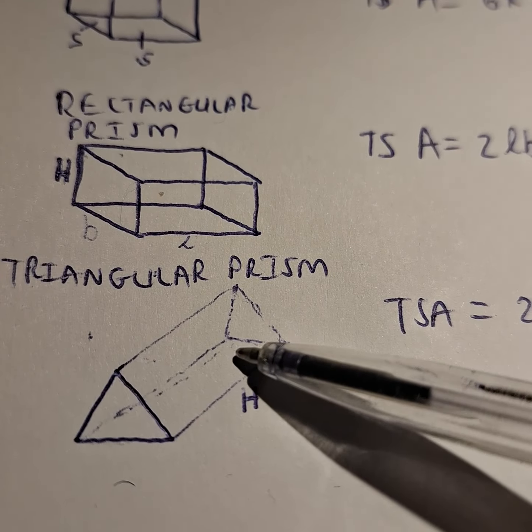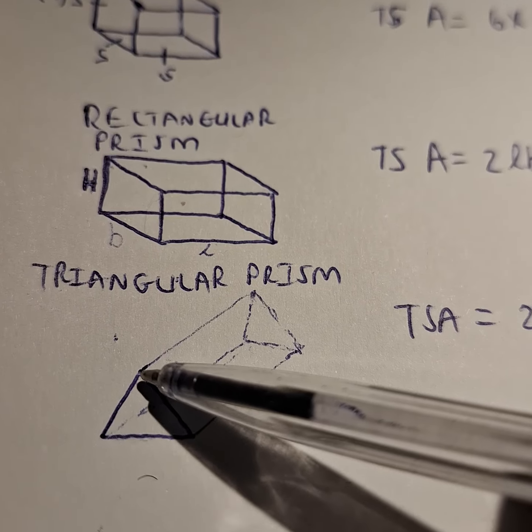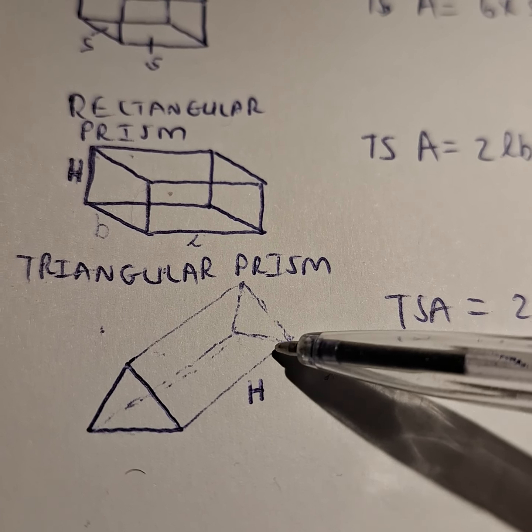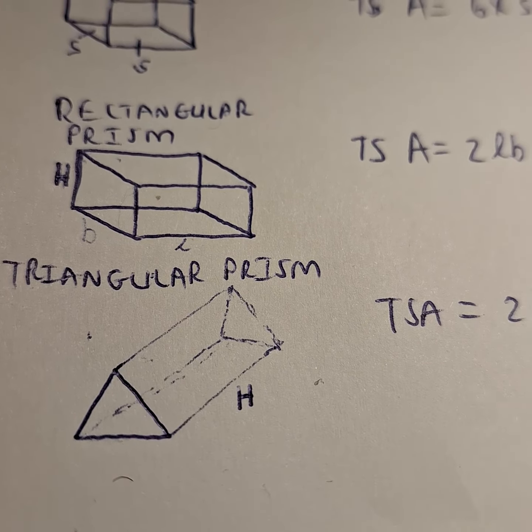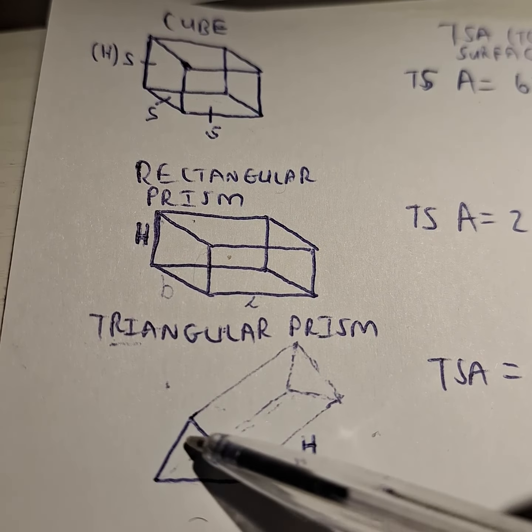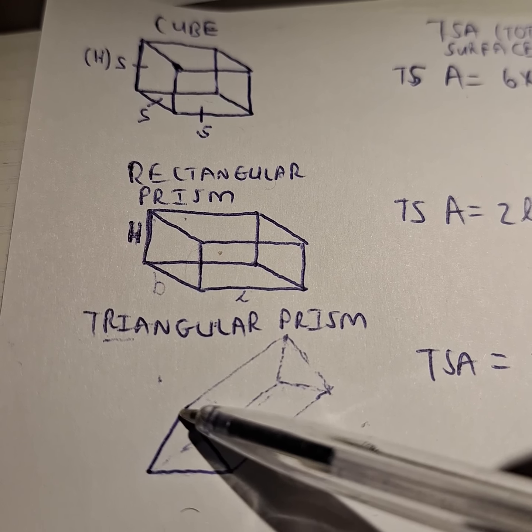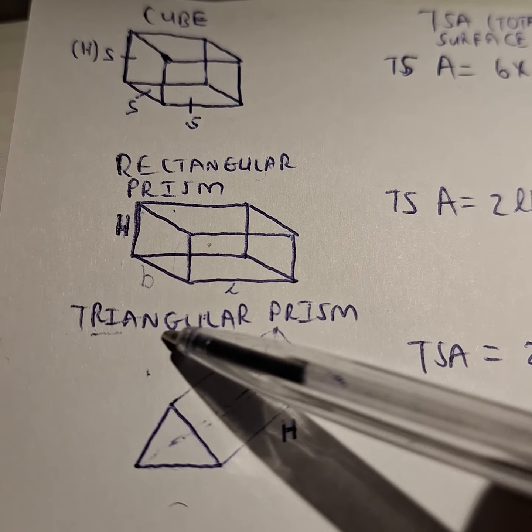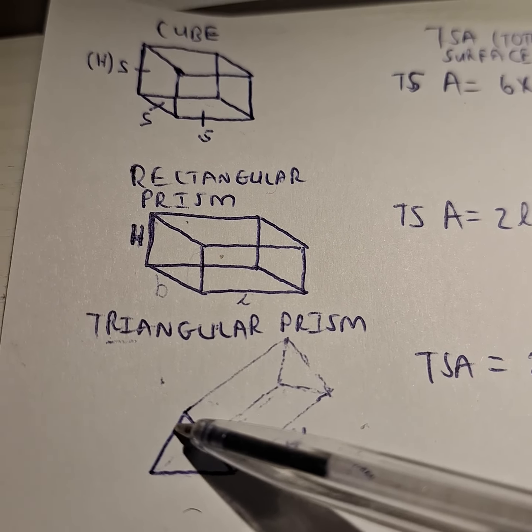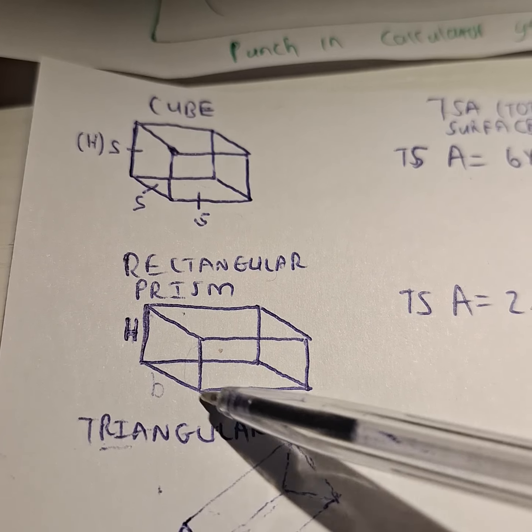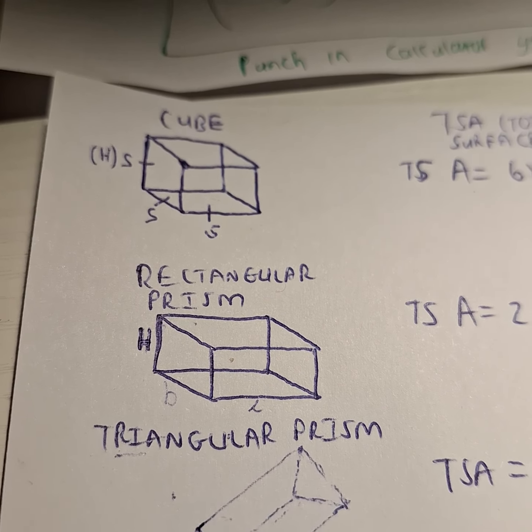Let's go to the triangular prism. For the triangular prism, guys, we have 2 triangle faces, the front and the back. Now a triangular prism, you can see even in the name, triangular prism means the base that this triangle would rest with, which has a similar triangle at the top. Rectangular prism, the mere fact that it's called rectangular prism means the base should be a rectangle.